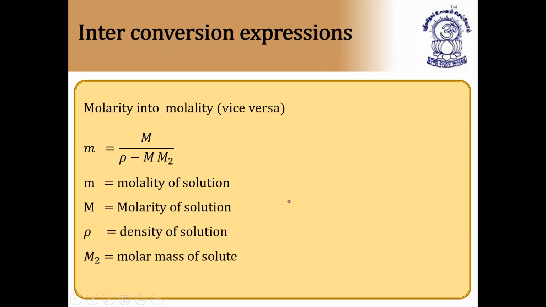Next, molarity into molality. That is molality is equal to capital M. Here I'm writing. You also just note down. It's very, very important. So molality is equal to capital M, that is molarity by density minus molarity into mass of solute, gram molecule.